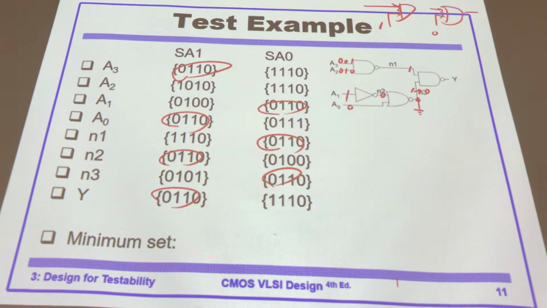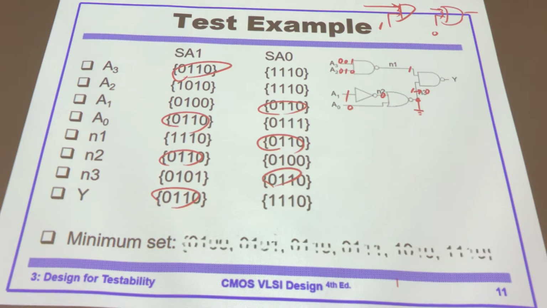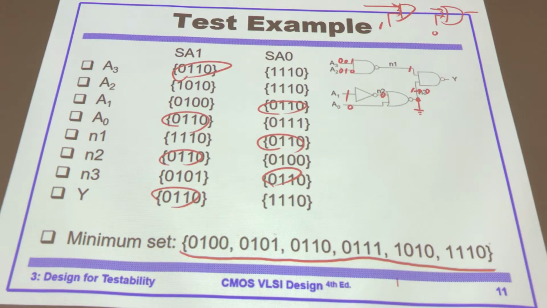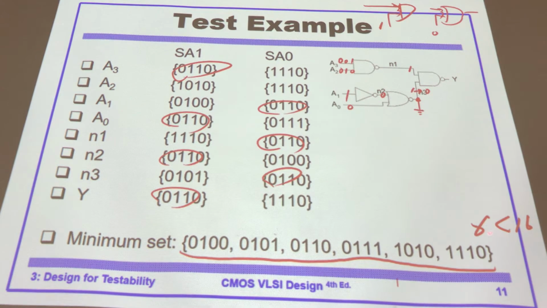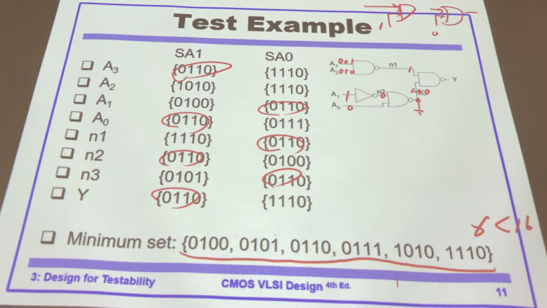And then the minimum set, we have 1, 2, 3, 4, 5, 6, total 6 patterns. Much lower than 16, right? You don't need to take all 16 cases. 6 patterns should be enough to test the chip. Any question?